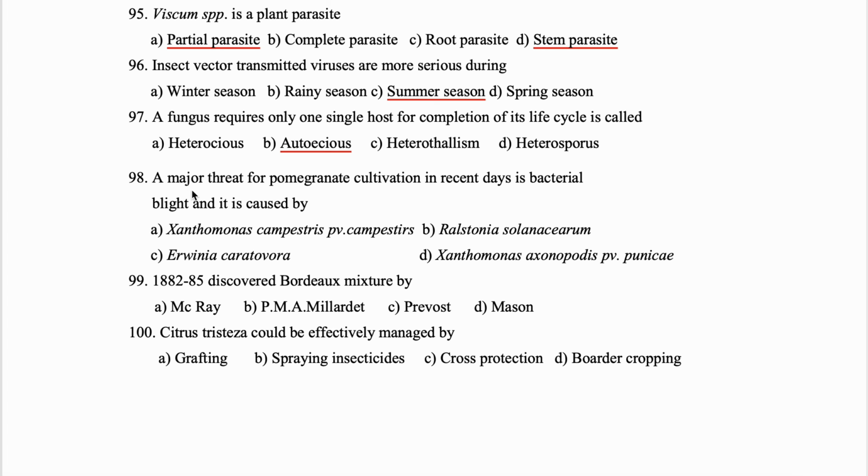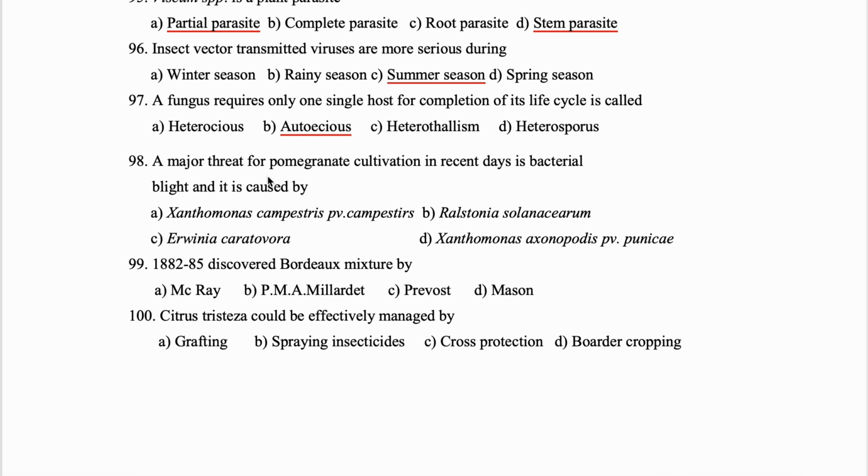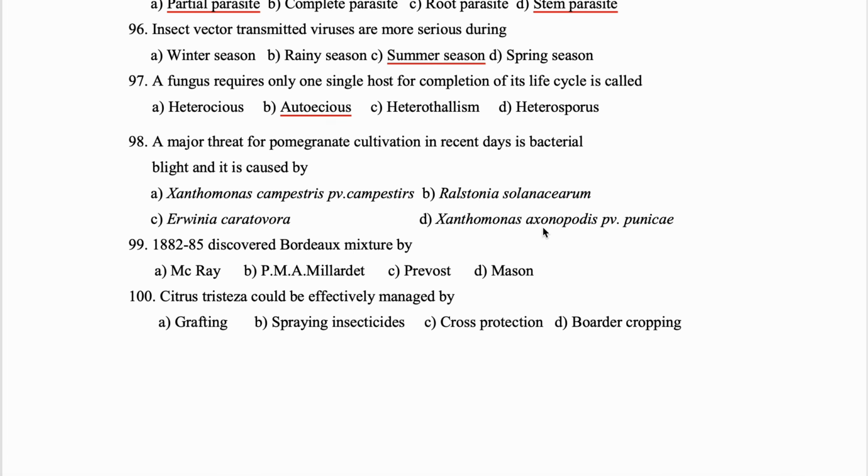Question 98. A major threat for pomegranate cultivation in recent days is bacterial blight. Bacterial blight of pomegranate is caused by Xanthomonas axonopodis pathovar punicae.